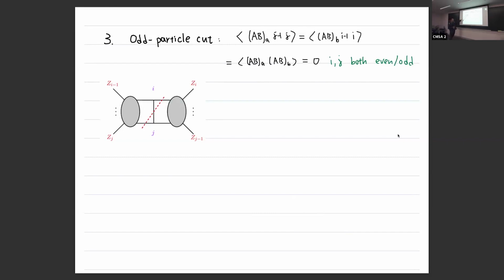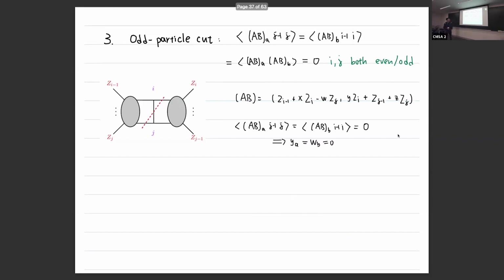The condition for cutting out the R point amplitude is AB J-1J and AB I-1I, and the mutual condition equal to 0 when I and J are both even and R. To show that, we can first choose these 4 twistors, J-1J and I-1I, to expand our loop.